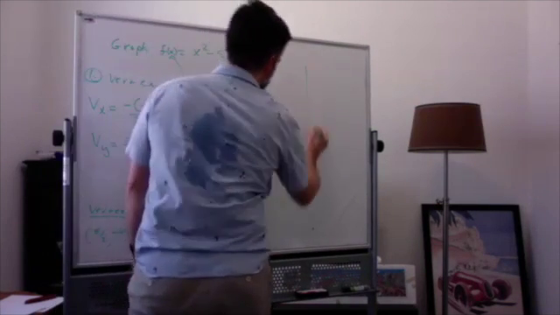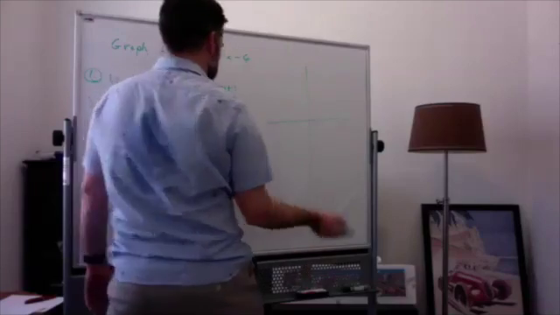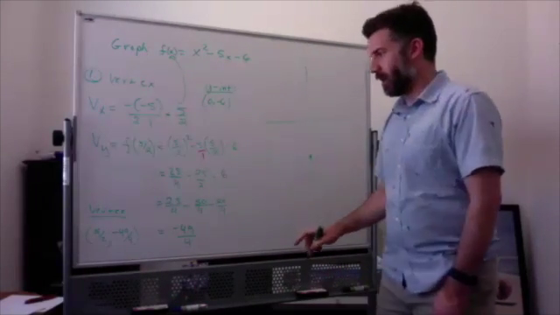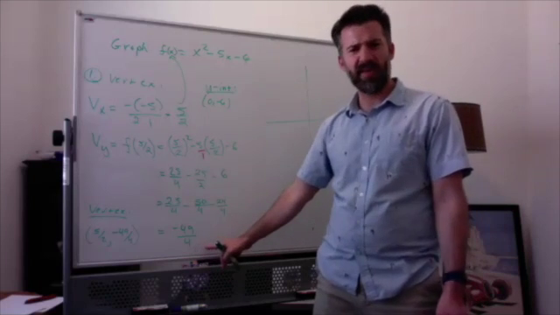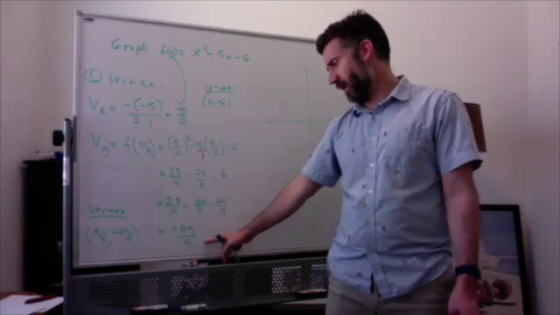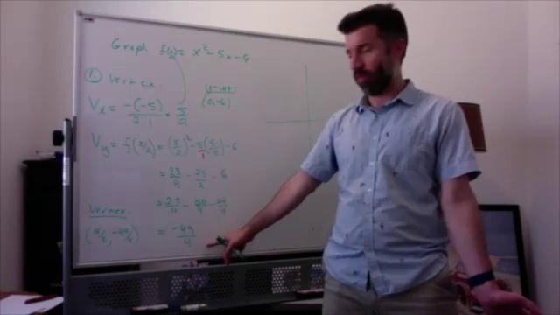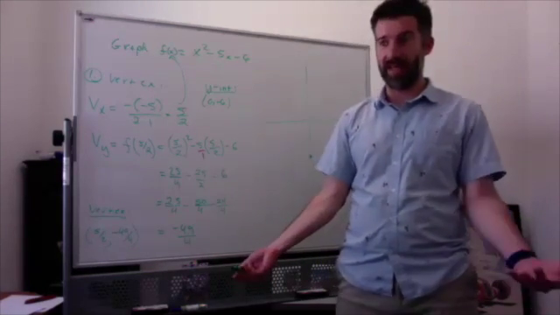So then we start graphing the thing. The y-intercept is down here at -6. And my vertex, negative 49/4. Well, I know that 48 is a multiple of 4. It's 12 times 4. So 48 over 4 would be like negative 12.